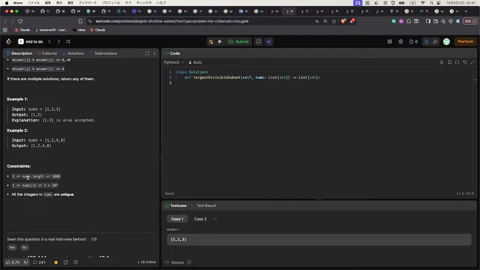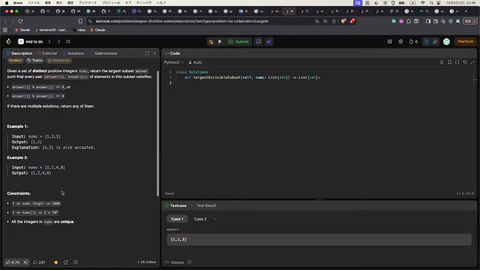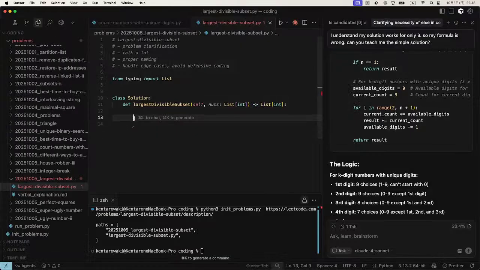The length of nums is 1000 at the most, and the value of numbers is large, 2 times 10 to the power of 9. Too big. And all the integers in nums are unique. Okay, I got it.